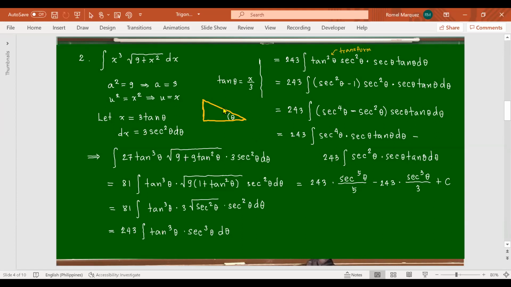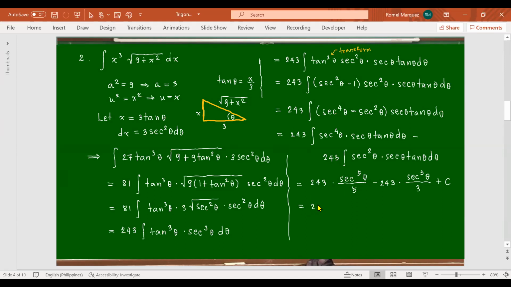So how do we define tangent? Opposite over adjacent. So we can now solve for the hypotenuse. The square of 3 is 9, plus the square of x, so we have x squared, giving the square root of 9 plus x squared. So what is secant theta? That is hypotenuse over adjacent.